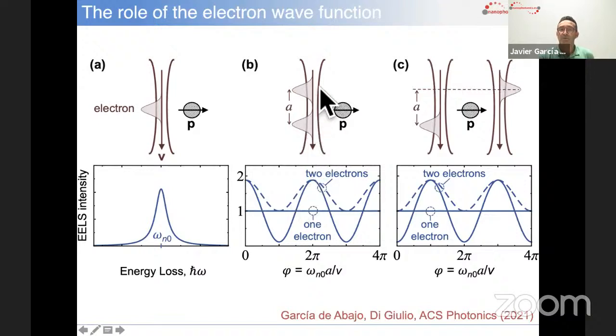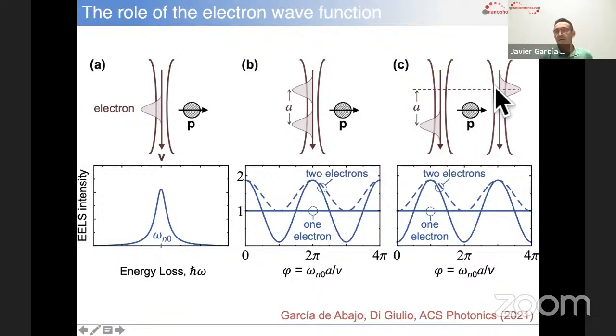If you have two electrons, one electron in each wave packet, then things are a little different, because you have interference between them, and that produces a dependence on the distance between the two wave packets. If you have two electrons, but each of them has the wave function distributed between the two wave packets, then that's yet another situation in which you also have interference, but with a smaller visibility.